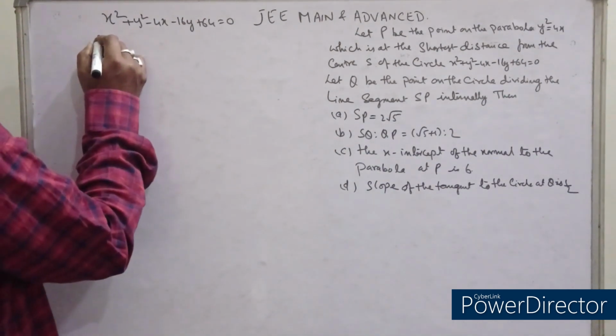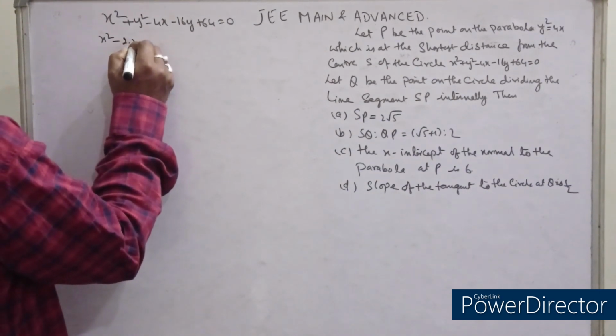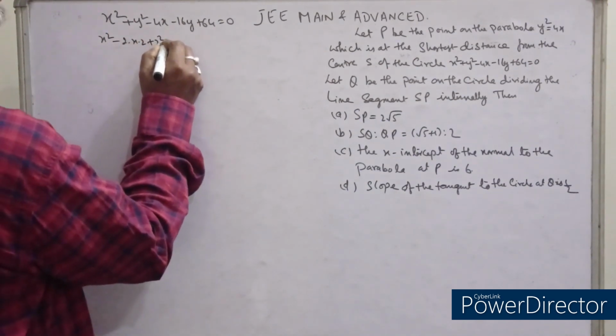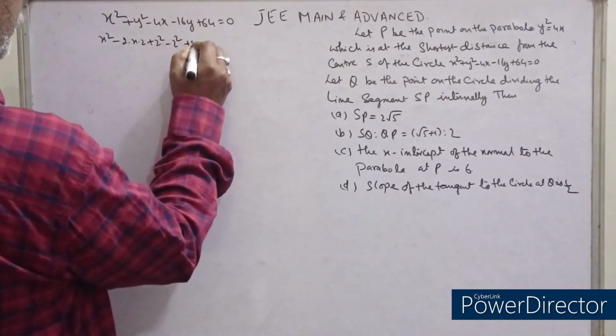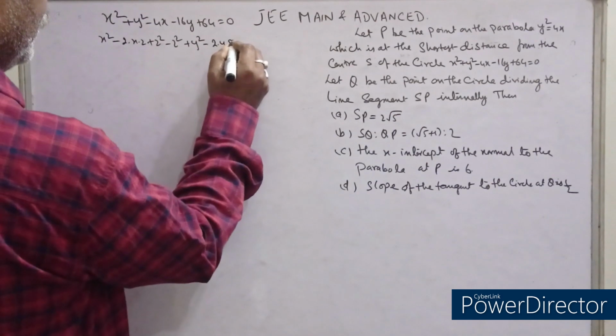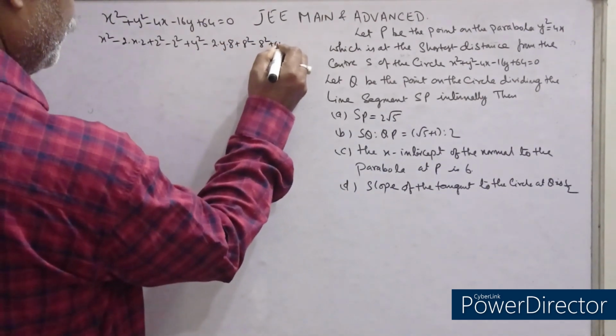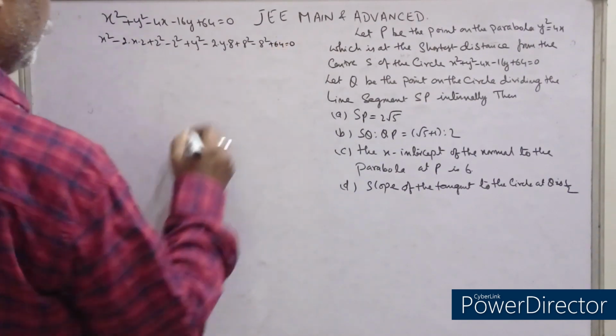So here x square minus 2 into x into 2 plus 2 square minus 2 square, plus y square minus 2 into y into 8 plus 8 square minus 8 square plus 64 is equal to 0.